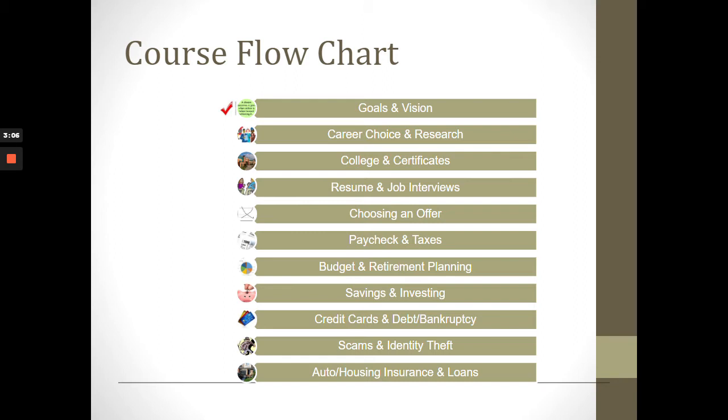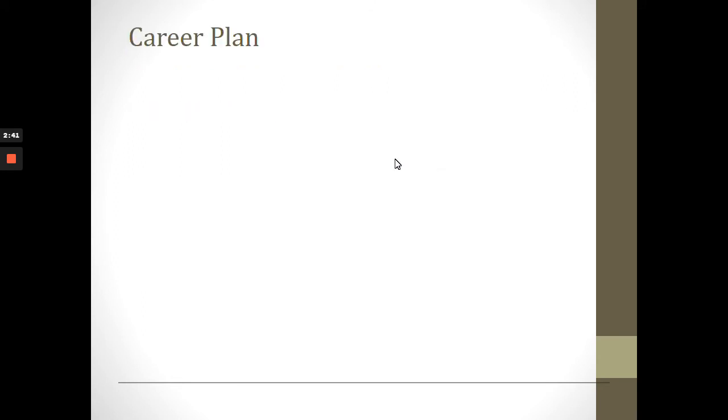And so that's where the career and choice comes from, is now that we know what we want to achieve and maybe we have some idea of the money that's required to get there, what type of career would generate the funds necessary to provide that standard of living. And then as you can see the next section, what type of college and career choices are we going to need to get there.